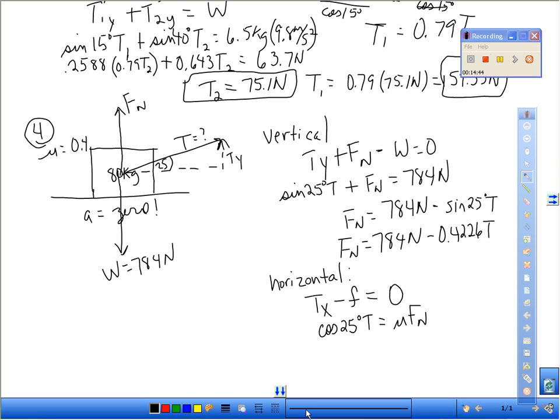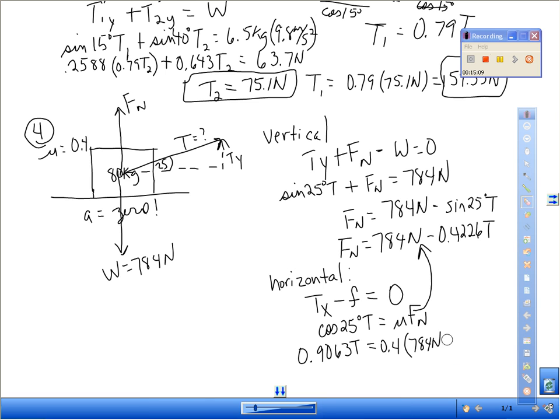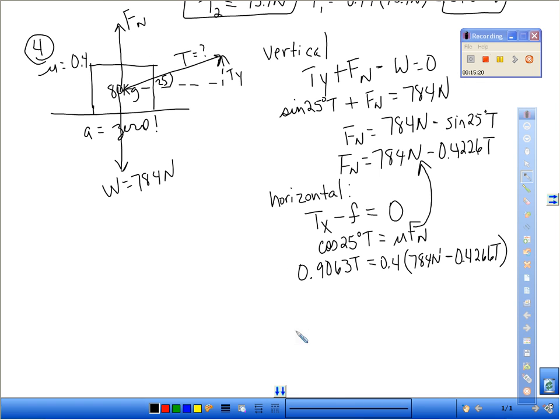Cosine of 25 degrees is 0.9063, so 0.9063 T is equal to 0.4 times my force normal. Well, here's my force normal, that big old expression there, 784 newtons minus, oops, sorry, that was not very pretty, minus 0.4266 T. So 0.9063 T. Okay, now I have to distribute that 0.4.